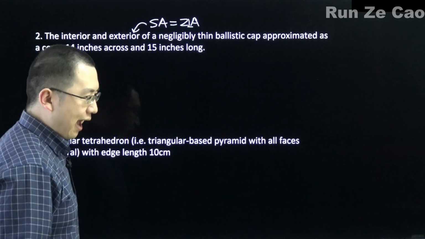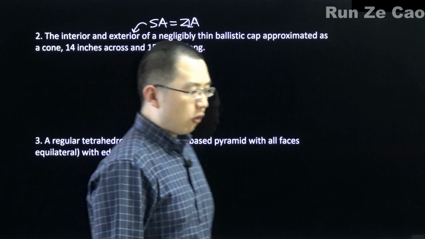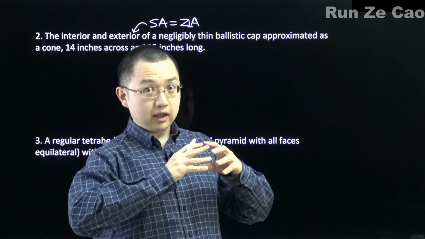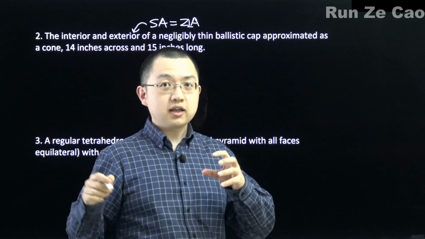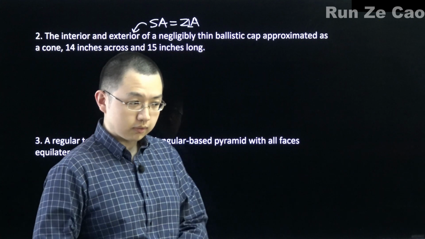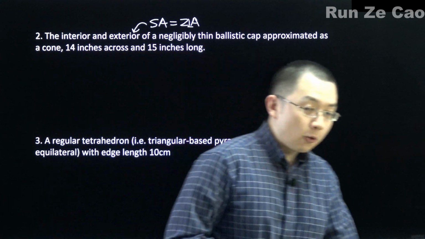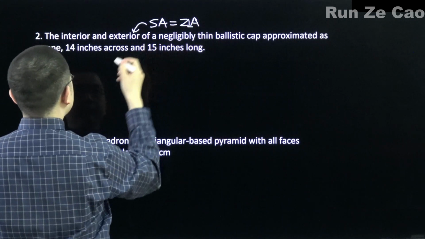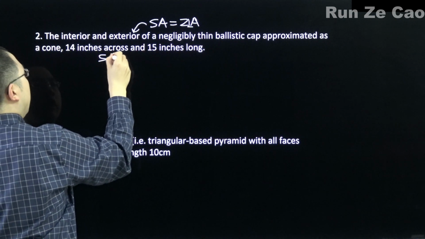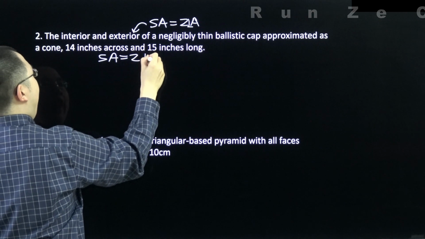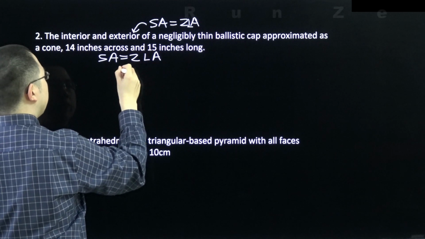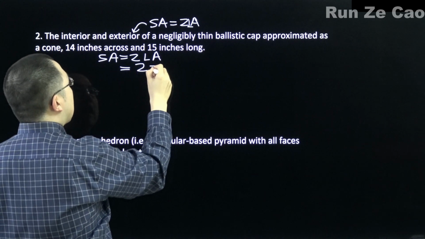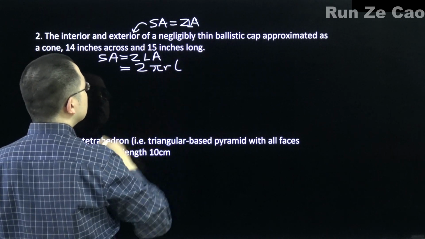This ballistic cap fits over the head of a projectile, okay? It allows the projectile to move through the air more smoothly. So it has no base. Equals 2 LA, and we know that one is just 2 times pi r L.